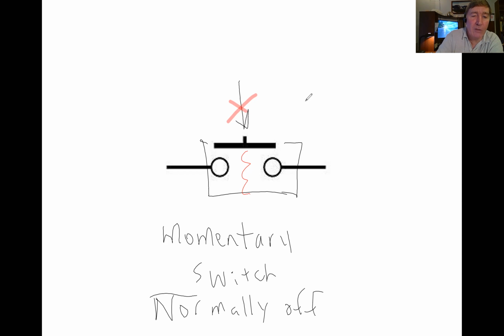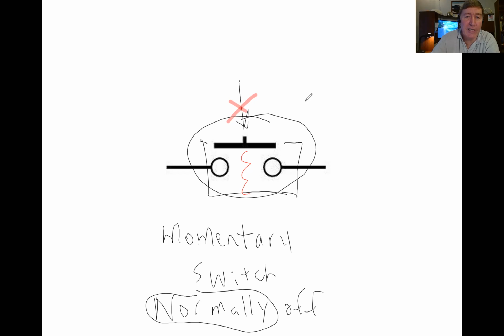When we say normal, what we mean is, when your finger is not pushing the button, is the switch turned on or is it turned off? So if you have a picture that looks like this, that means this is a switch designed in such a way that if you are not pushing the button, the electricity cannot flow. So this is a normally off momentary switch.